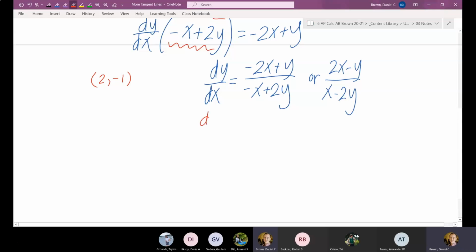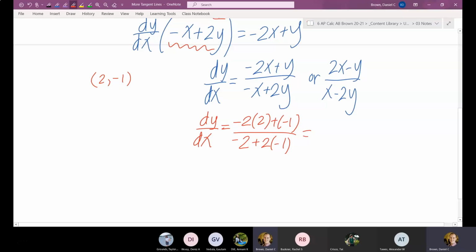It is going to come from the derivative. So whatever your derivative was, I'm going to plug it in. In this derivative, we have to plug in both the x and the y coordinate. So I have 2 times 2 plus the negative 1, over the negative 2 plus 2 times negative 1.